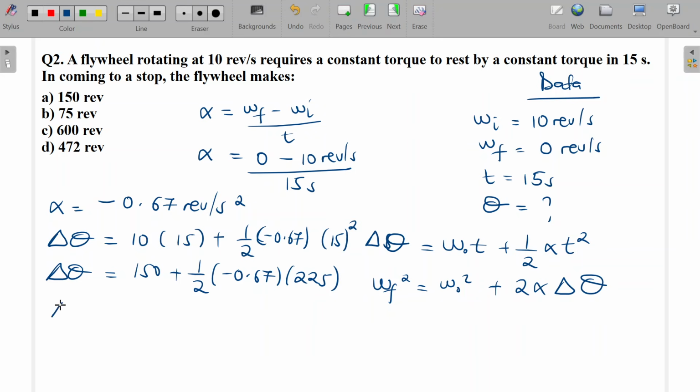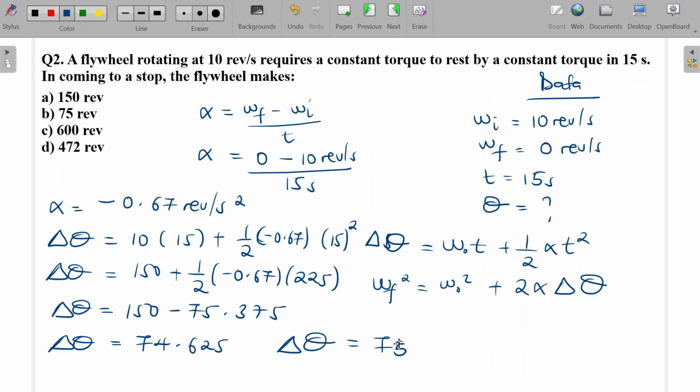Therefore, when I multiply 0.67 times 225, it gives me 150.75, then divided by 2, it will give me 75.375. So change in theta equals 150 minus 75.375, which gives me 74.625, which is just the same as change in theta equals 75 revolutions.